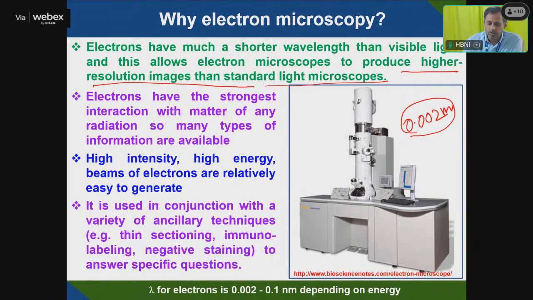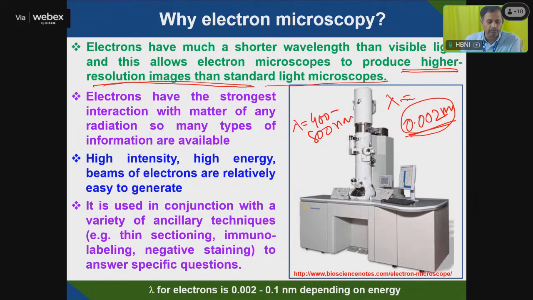The wavelength of visible light is 400 to 800 nanometer, but in comparison the wavelength of a transmission electron microscope is about 0.0025 nanometer, which is much smaller, and because of that very high resolution images can be produced.